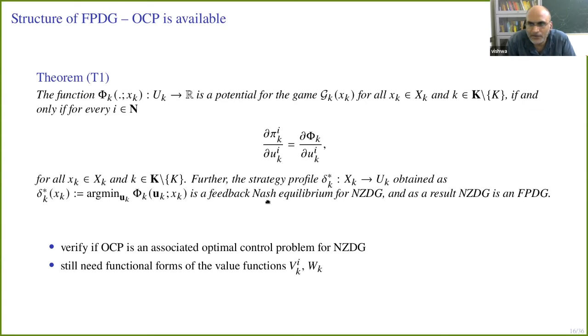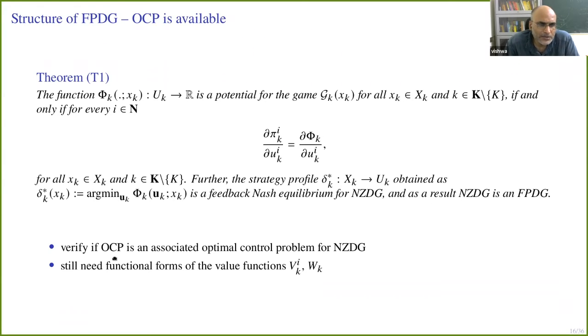So we can immediately use the static game conditions that the function is a potential for the static game at stage k if and only if for every player i, this condition holds true. Further, the strategy profile obtained as minimizer of this objective function, that is this cost function, is a feedback Nash equilibrium for the difference game.